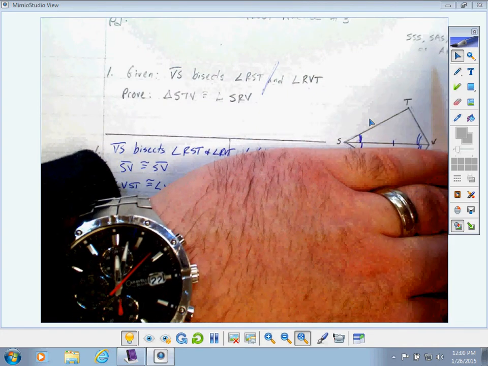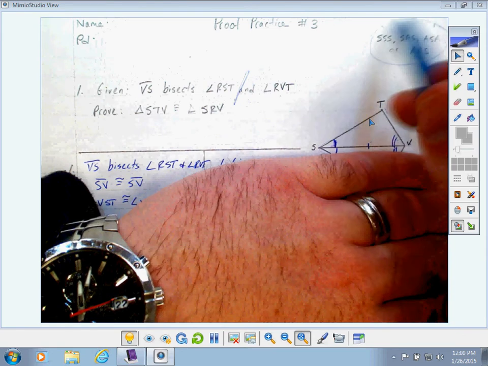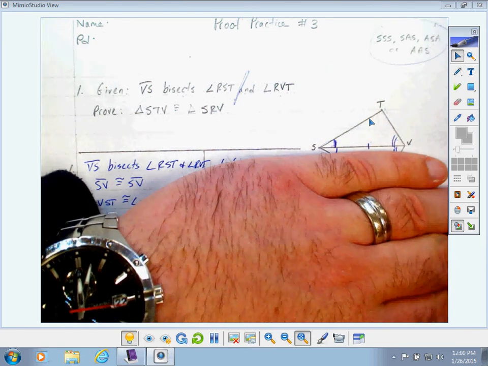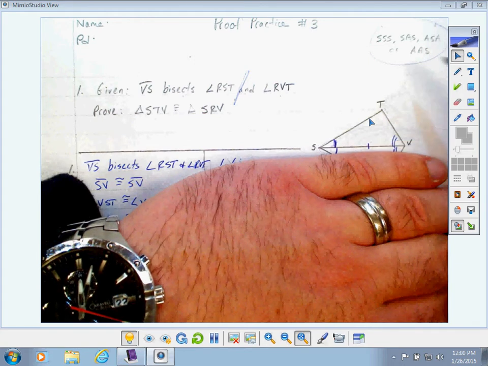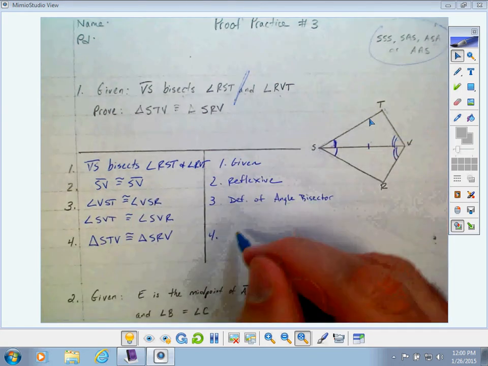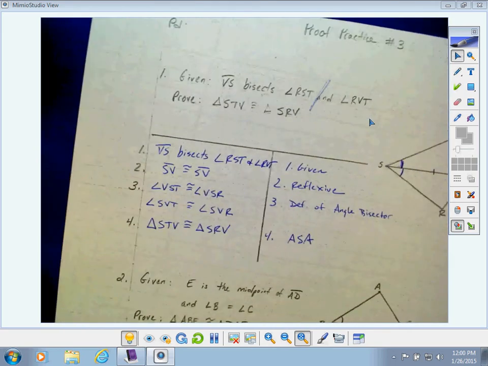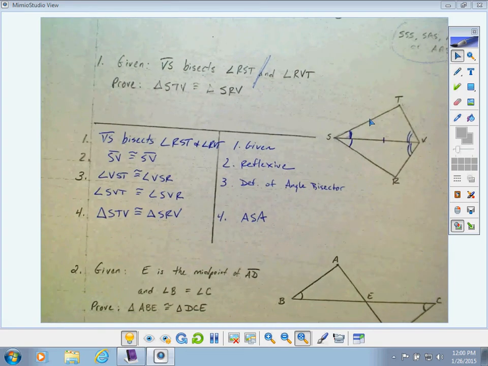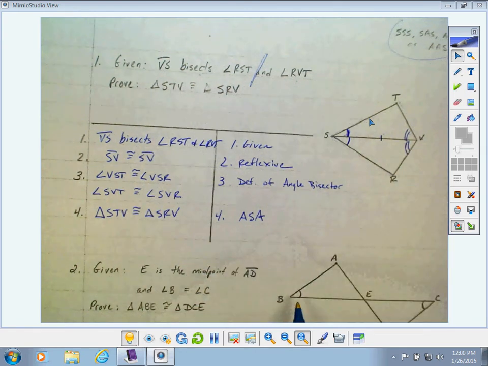It's going to be one of these 4 things at the top. The question is which one is it? If I look at it like this, I see angle, side, angle. It's ASA. And that's a completed proof for that one. Notice how the picture is marked and the proof is written out. The idea is that you do both.